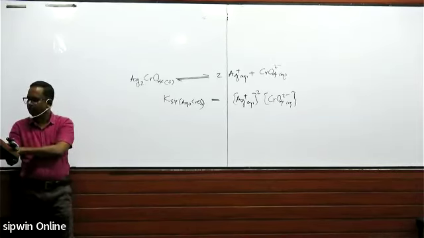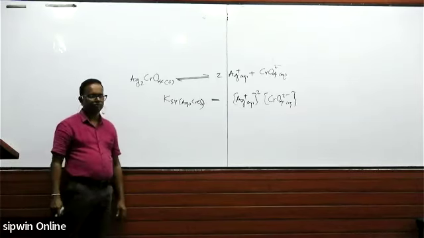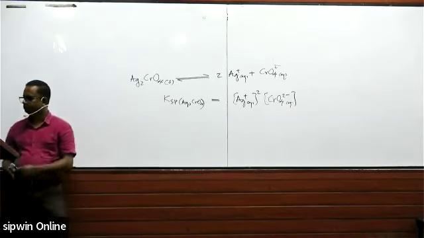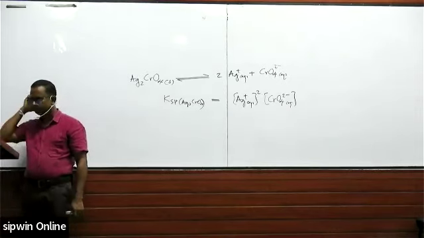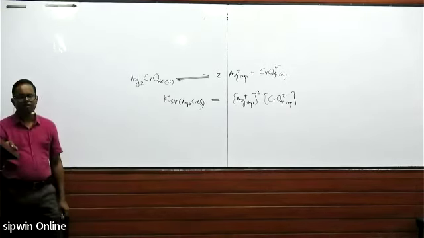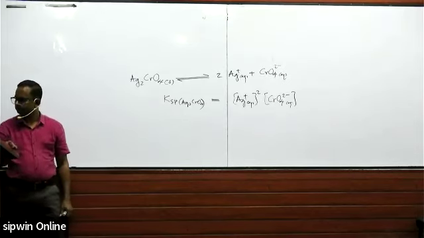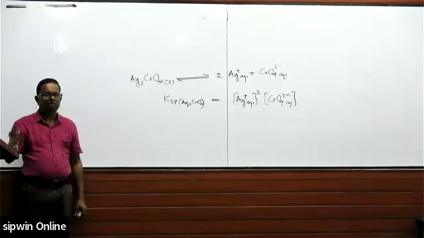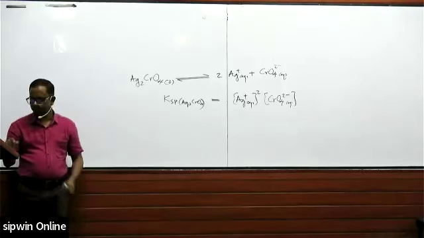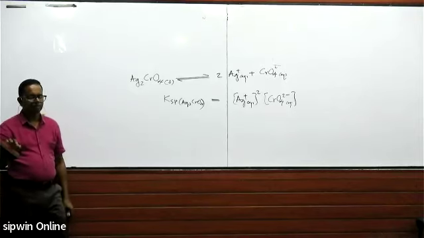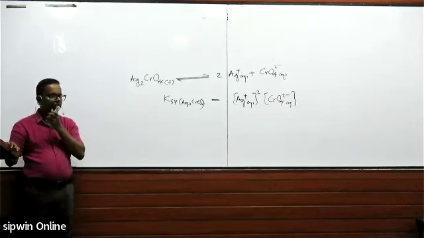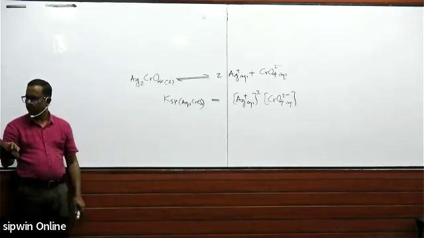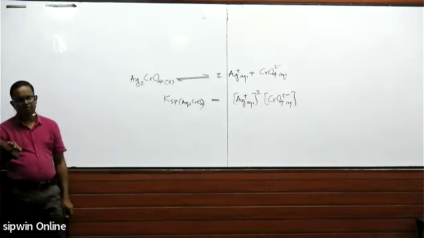Ksp is another equilibrium constant, and therefore Ksp depends only on the temperature.